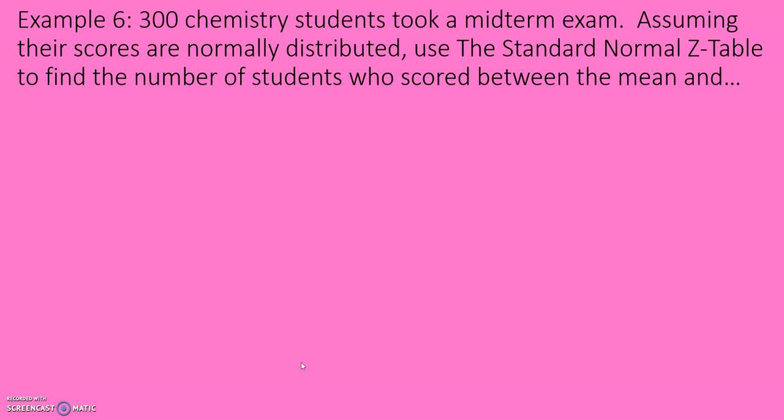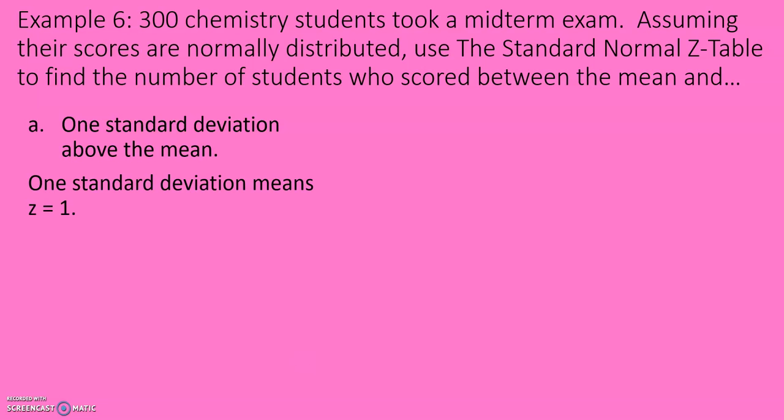Example 6. 300 chemistry students took a midterm exam. Assuming their scores are normally distributed, use the standard normal Z table to find the number of students who scored between the mean and one standard deviation above the mean. One standard deviation means Z equals 1.